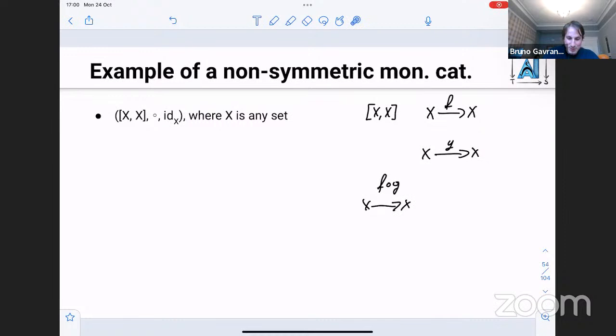So this is really a monoid from before, and we know that composing any function with identity gives us that same function. Now, very importantly, this is non-symmetric. First of all, this is a discrete monoidal category, it doesn't have any morphisms between objects, but it's non-symmetric because composing f and then g is not the same as composing g and then f. So this is quite an interesting example to realize that symmetry is not something we always have.